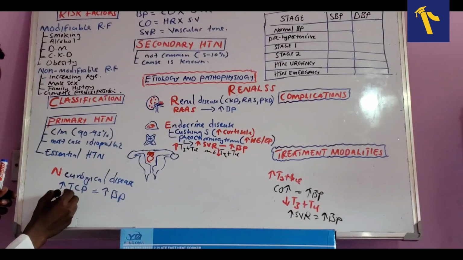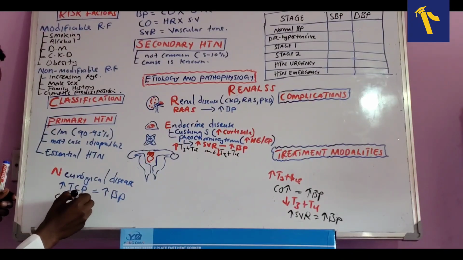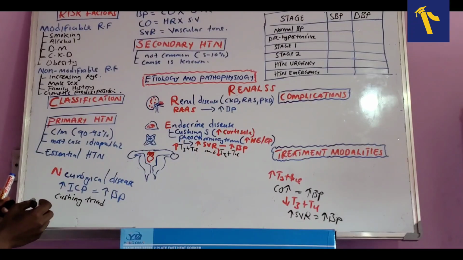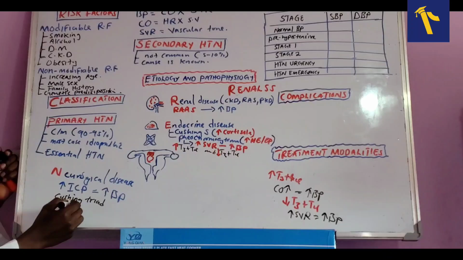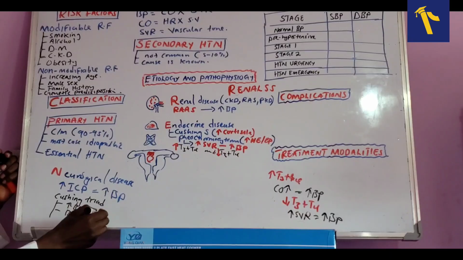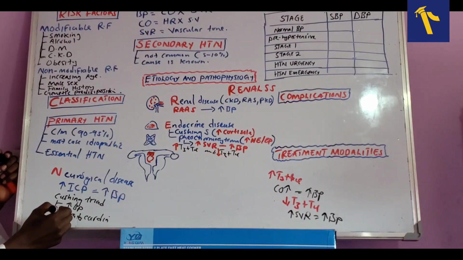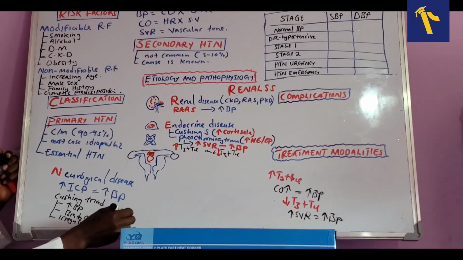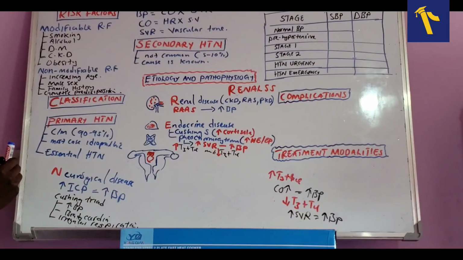The Cushing triad has three important things: it has elevated blood pressure, it has bradycardia, and it has irregular respiration. So this is what we call the Cushing triad.